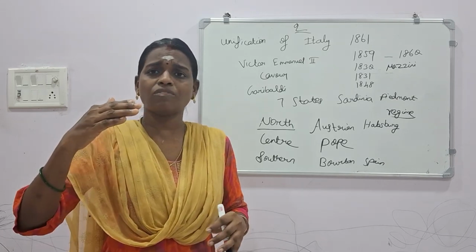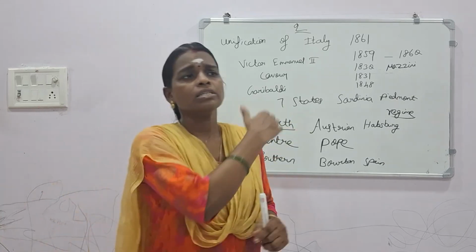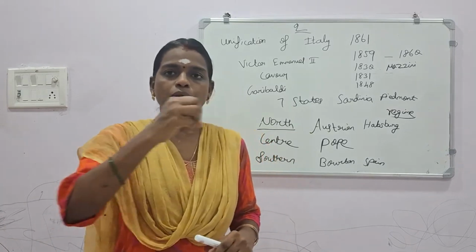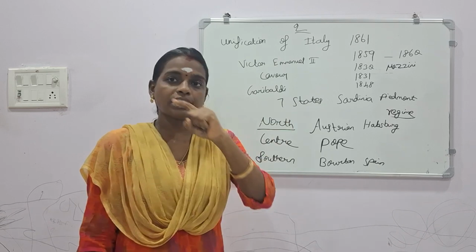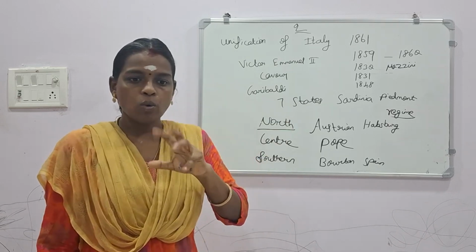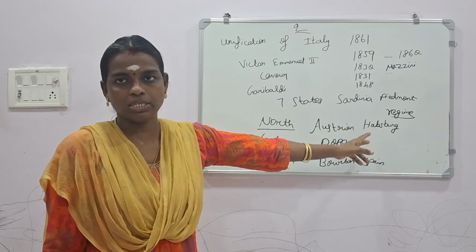When the unification of Italy plan done by Giuseppe Mazzini failed, that work was carried on by Victor Emmanuel II, who was the king of Sardinia Piedmont.